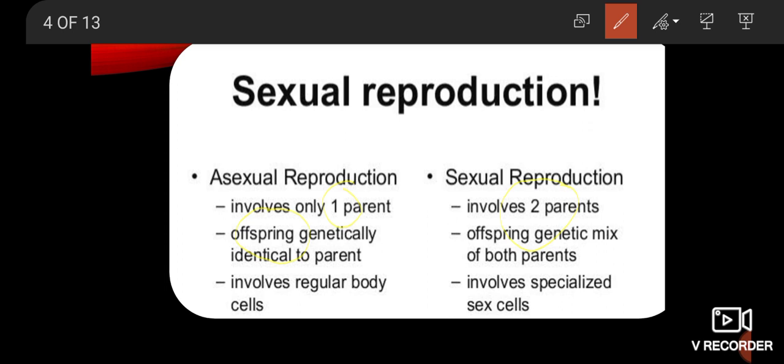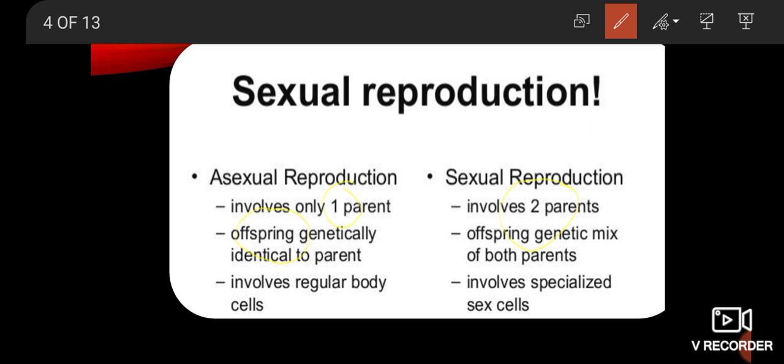The next is that asexual reproduction involves regular body cells. We will also learn in the next part of this chapter how asexual reproduction occurs. And sexual reproduction involves specialized sex cells. Dear students, many different types of cells we learned in chapter number 8, the cell structure.